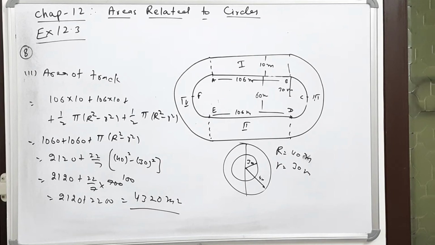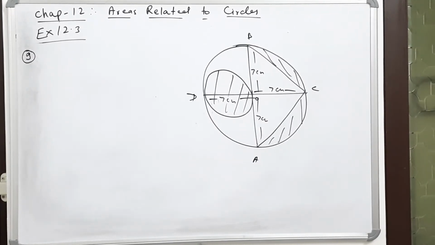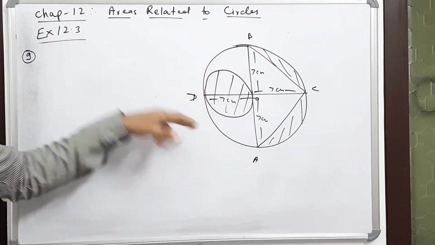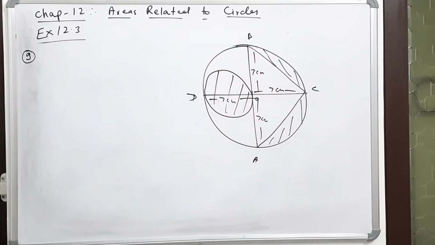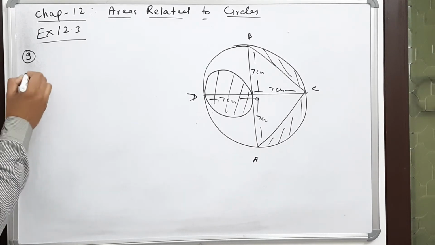Coming to the next problem now. Yes, students, you see this now. There is a circle, and in the circle, this is a small circle, and there are two segments. So we have to find the area of the shaded region.